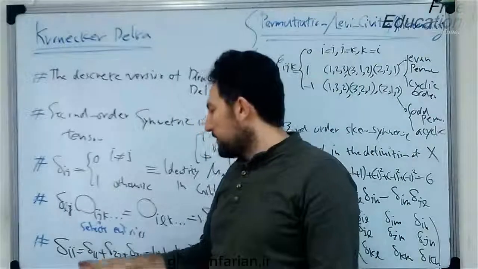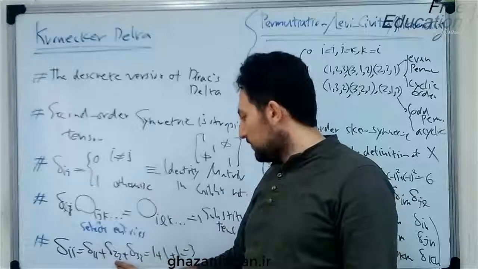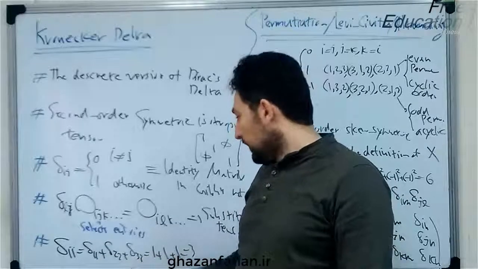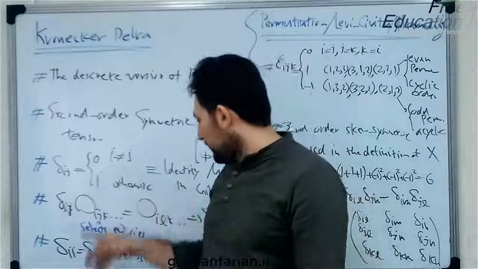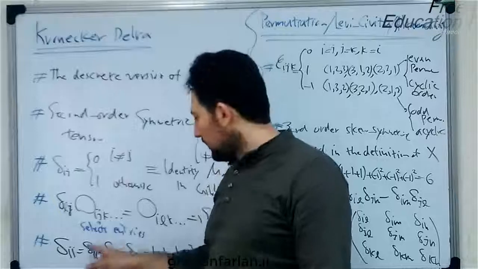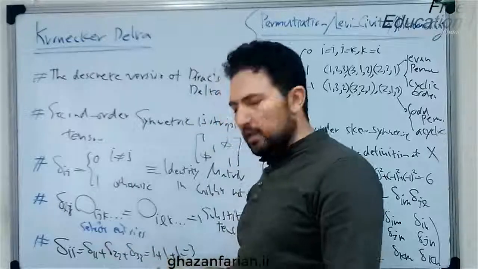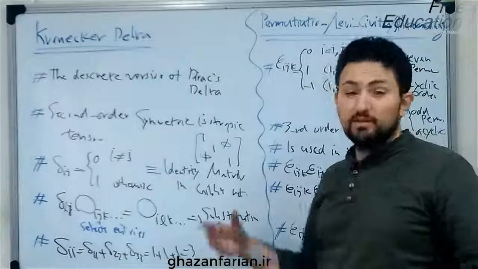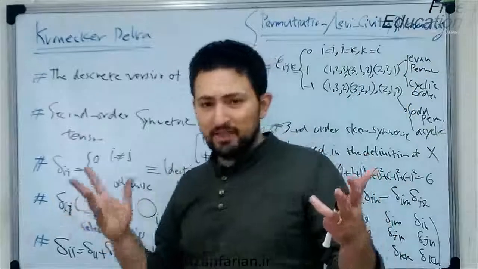So delta ii is equal to delta 1, 1 plus delta 2, 2 plus delta 3, 3 based on summation convention. As we have defined here, because the indices of the three terms are identical, all of them are equal to 1, so the result is 3. This is a very important identity and the simplest identity in tensor calculus.